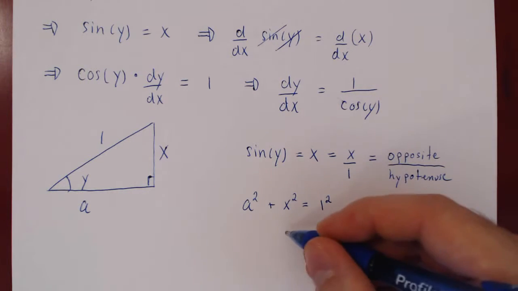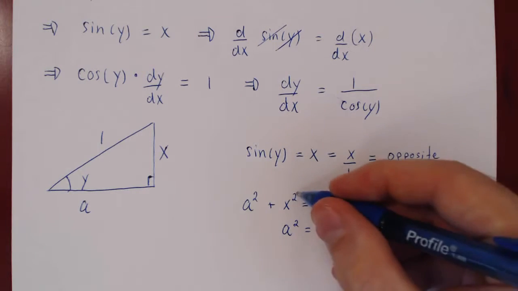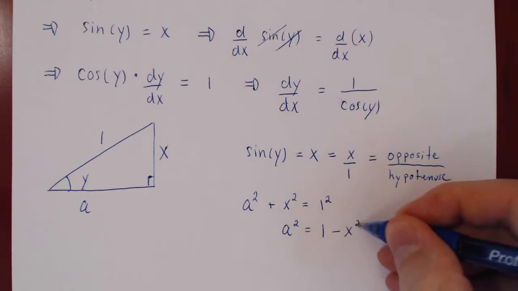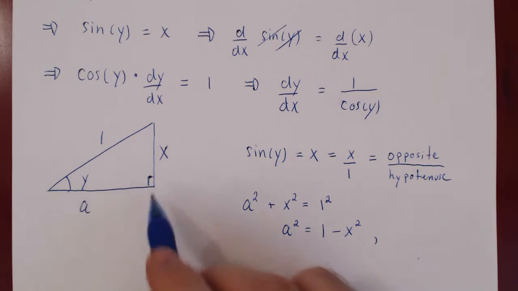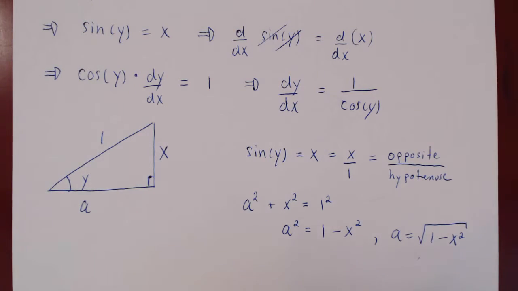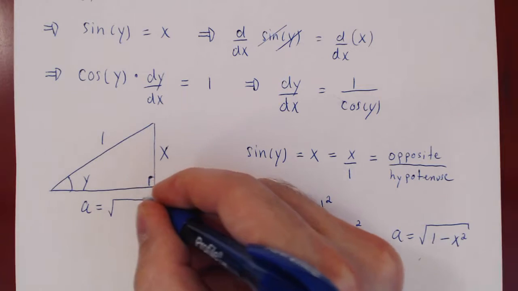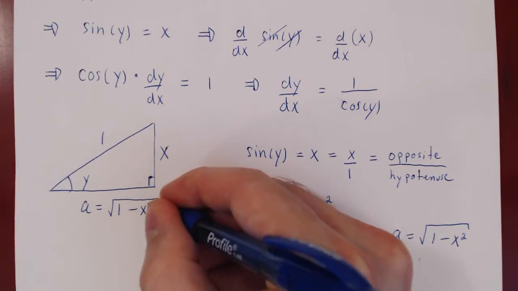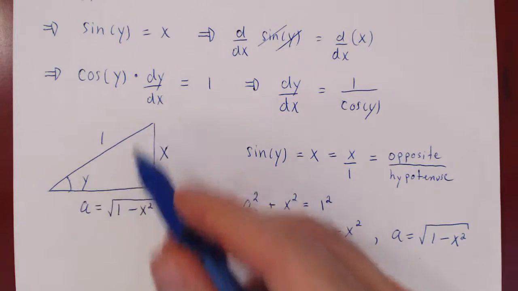Subtract x squared from both sides, so a squared is equal to 1, 1 squared is 1, minus x squared. a is positive here, so a will be simply the square root of 1 minus x squared. And now we have a complete right triangle. The base is the root of 1 minus x squared. The height is x, and the hypotenuse is 1.